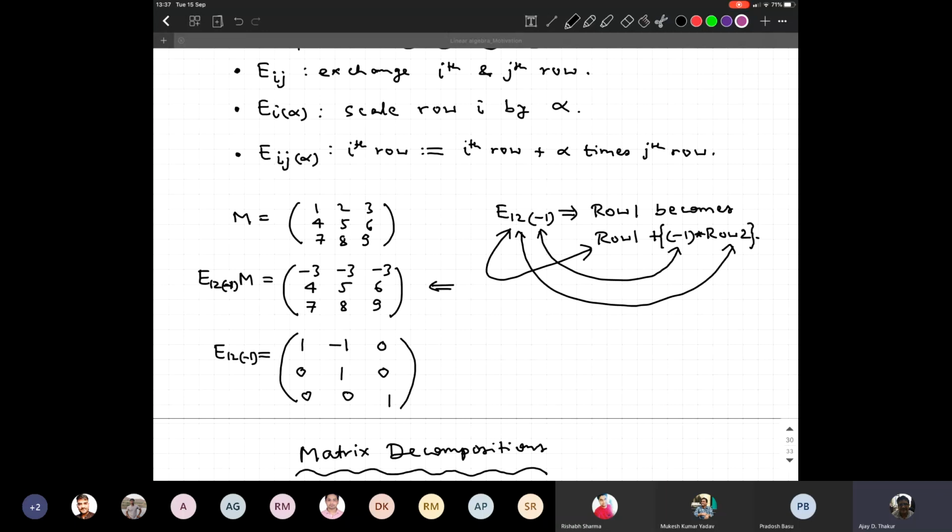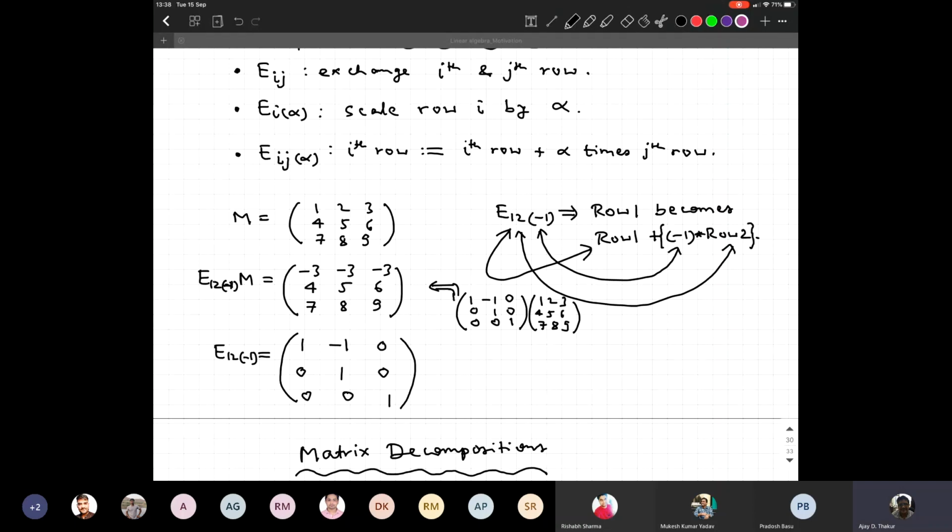So E1 2 minus 1 would be 1 minus 1 0, 0 1 0, 0 0 1 times this thing, 1 2 3 4 5 6 7 8 9. That's going to lead us to the corresponding result. It's fairly straightforward once you know how to do it.